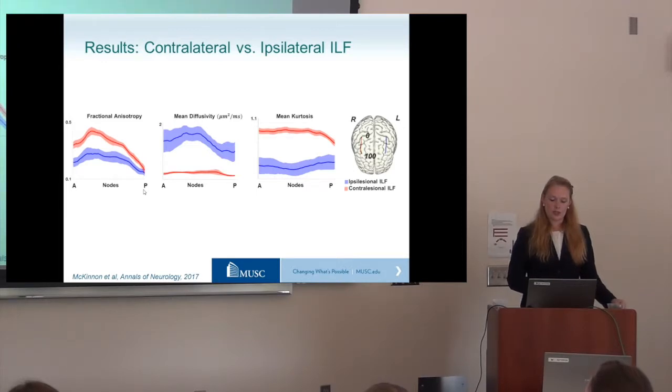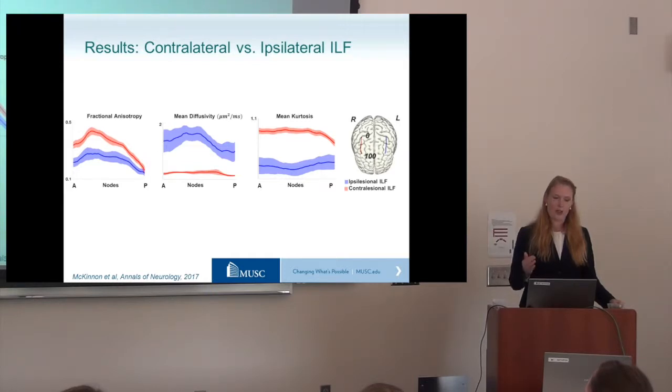In red, you can see the contralesional side, and in blue, the ipsilesional side. The solid line is the average microstructure along the tract over all 8 patients, and the width of these little lines is the standard deviation.